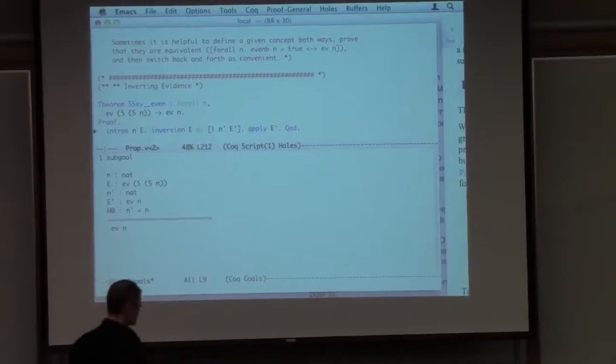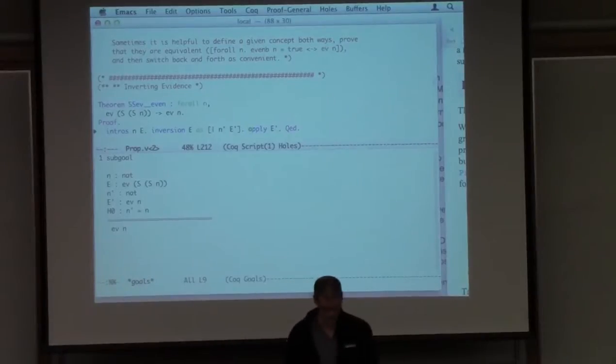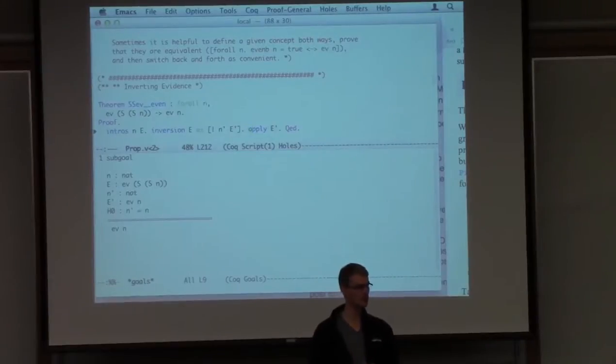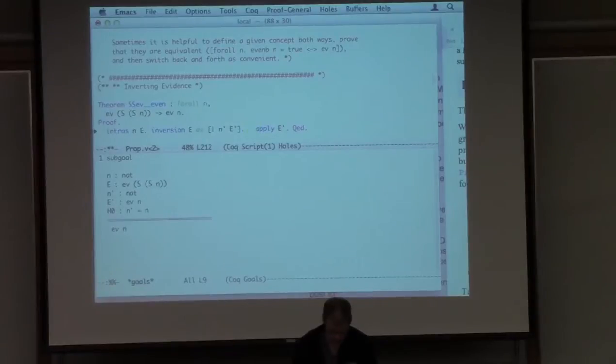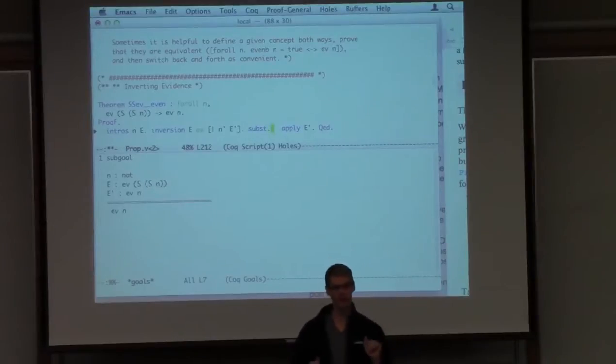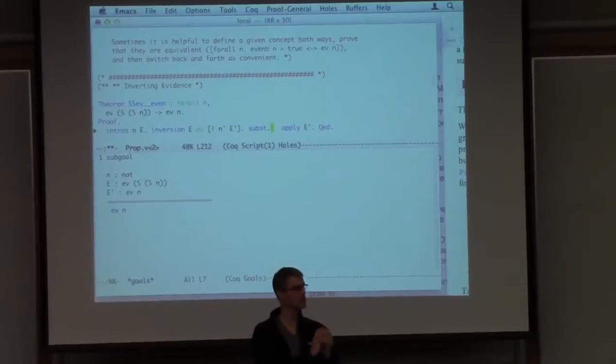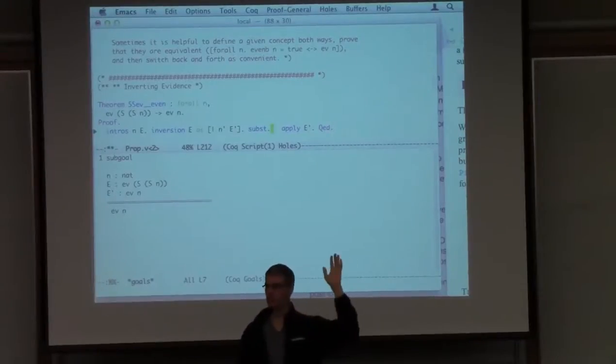So the thing that I almost always do immediately after inversion is to substitute away all of the equalities. I forget whether we've discussed this one in detail, but there's a tactic called subst that takes all of the equalities in the context where one side is just a variable and rewrites it away.